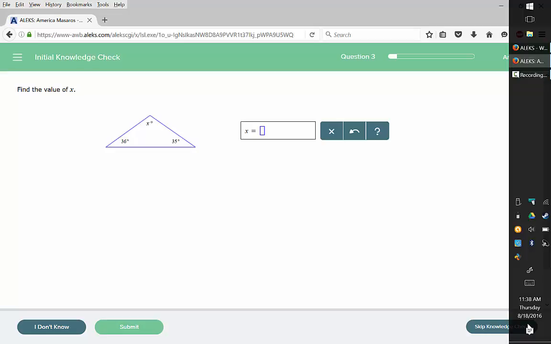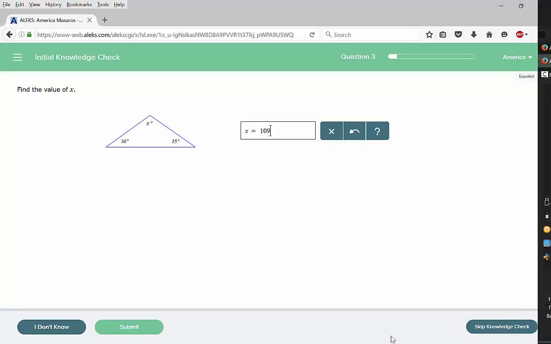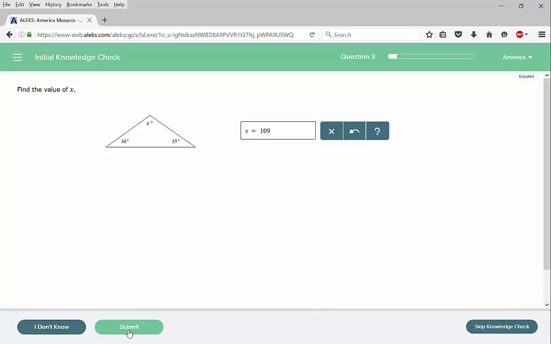And so x plus 36 plus 35 is 180. All right. And now, ALEKS isn't giving me a calculator, but I'm going to use one for this arithmetic. x plus 71 is 180. x, that'll be 180 minus 71, is 109. And looking at that angle, I can believe that that's a 109-degree angle, right? That's a pretty big angle. So I'm going to submit.